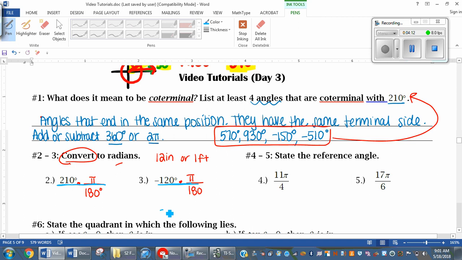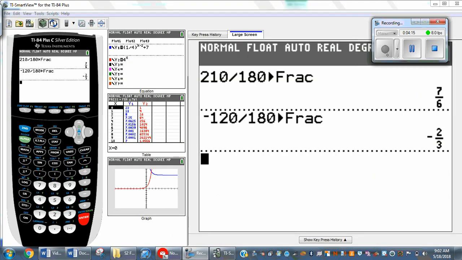Negative 120 divided by 180, math, enter, enter. We're using our calculator as much as we can so that we can save a little bit of time for where we need it on the final. So I just need to go back and put pi in here. So I'm going to say 7 pi over 6 and negative 2 pi over 3.